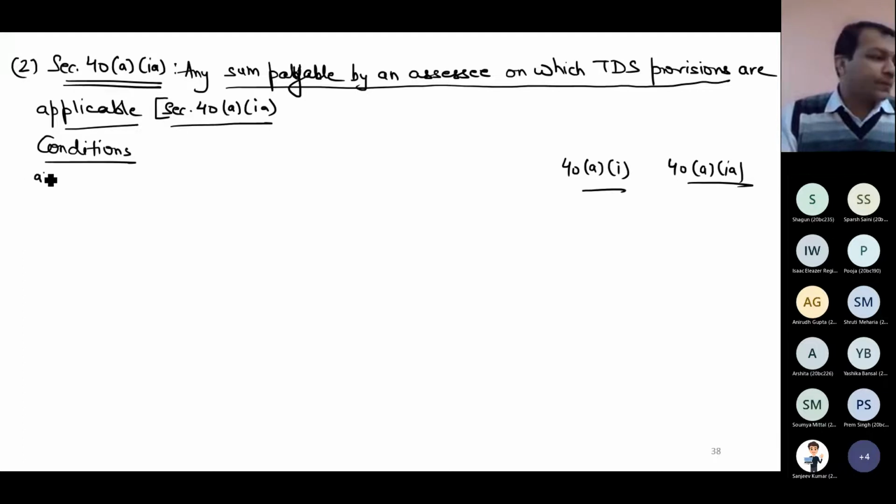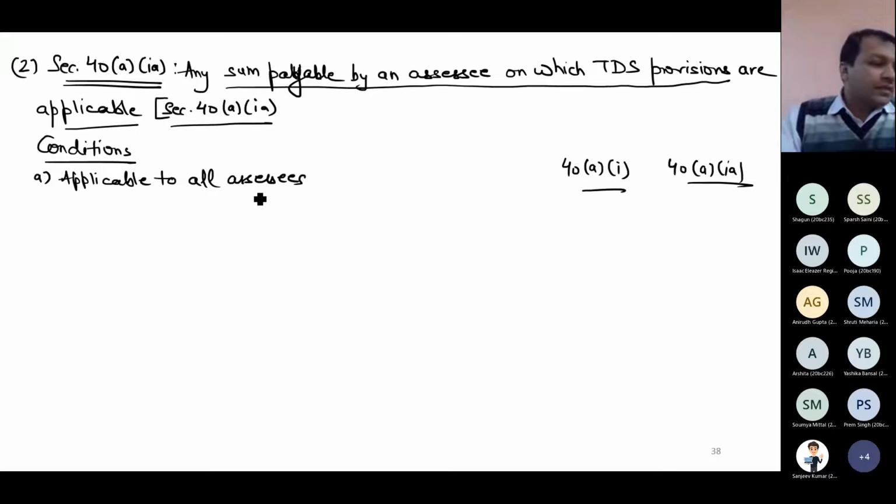So what are the conditions for this section? First condition: first of all, it is applicable to all assessees. Now this sum is payable to a resident.